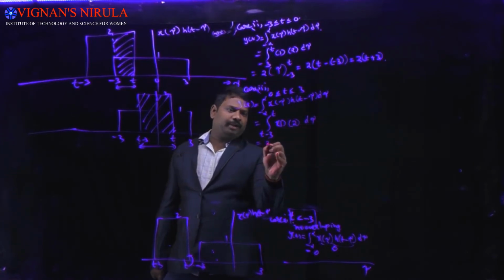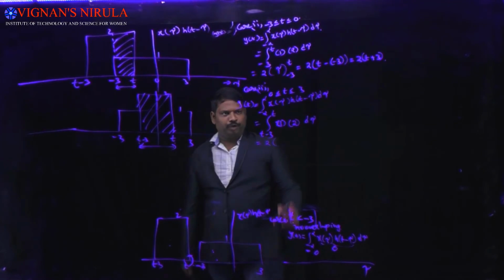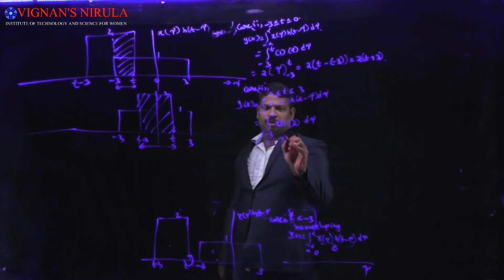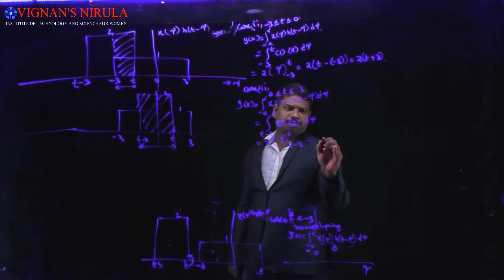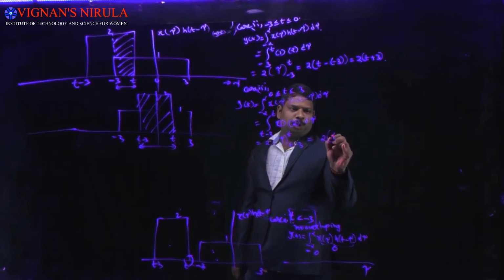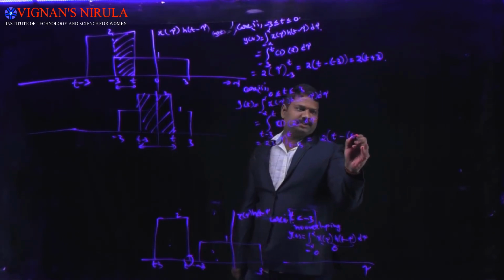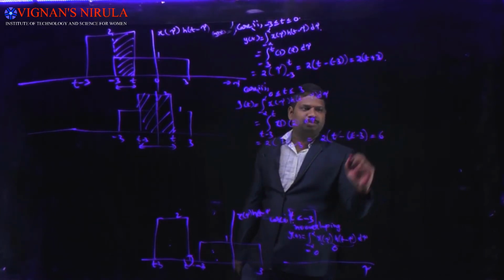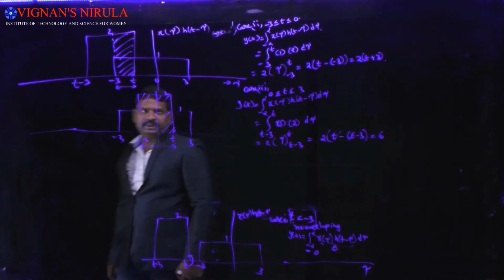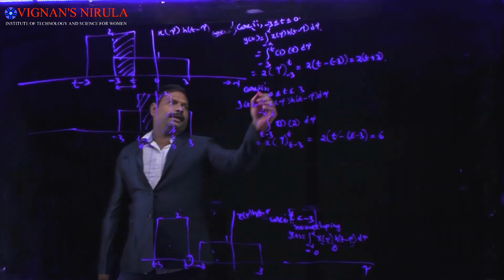This 2 will be kept outside. Therefore, the integration of d tau will be tau with limits t and t minus 3. Substituting the limits, 2 into t minus t plus 3, this and this get cancelled. It is 6 that will be your answer. That is the third case.